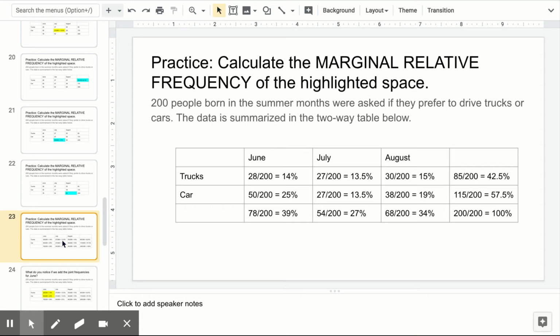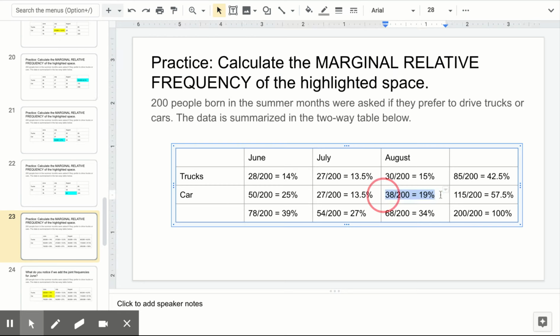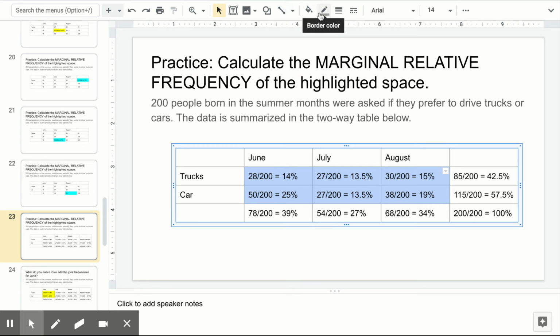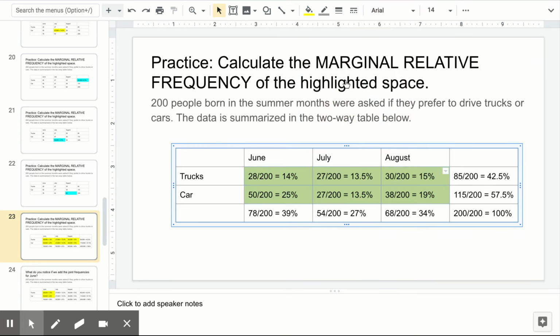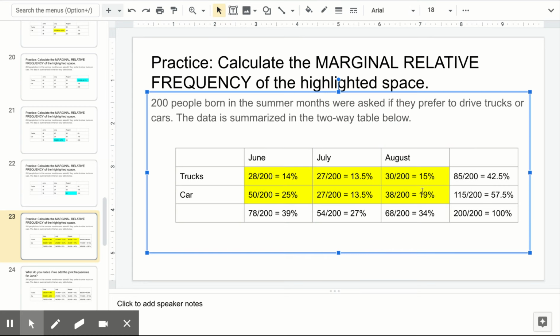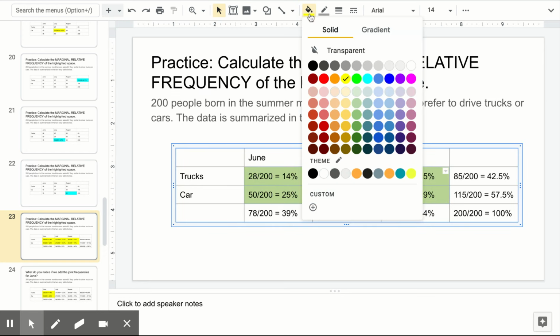So what we have here is all of our relative frequencies, right? It's my joint and my marginal. I'm going to go ahead and highlight these, and then we're going to post a multiple choice question. Are these my joint relative frequencies or my marginal relative frequencies? All right, so hopefully you decided that those were our joint.